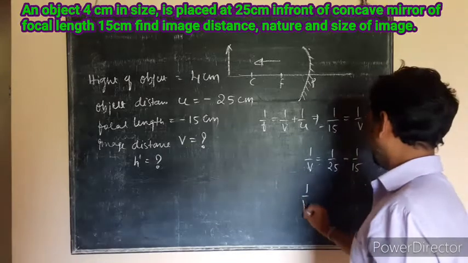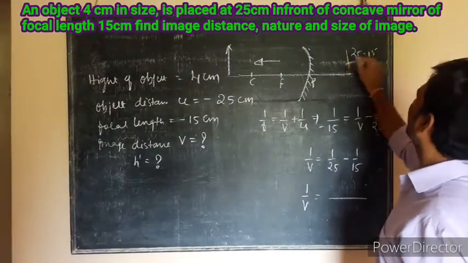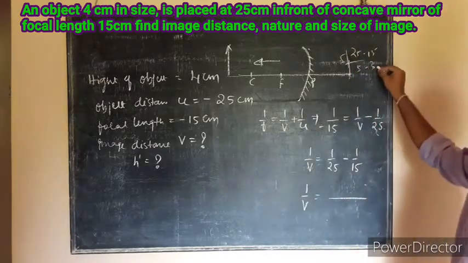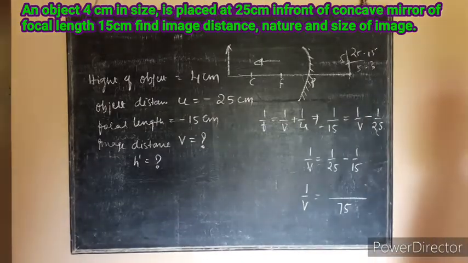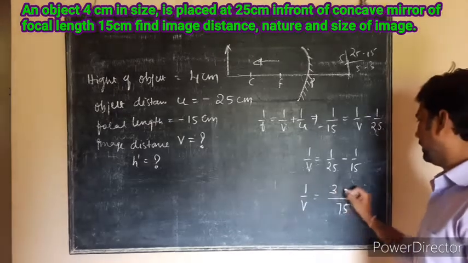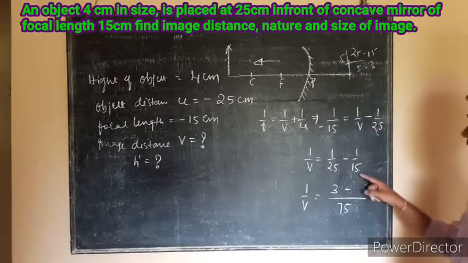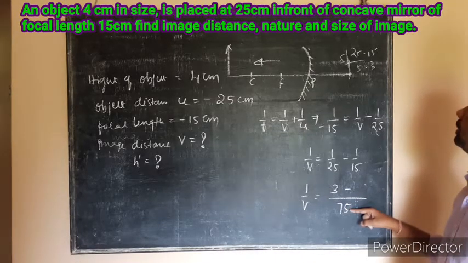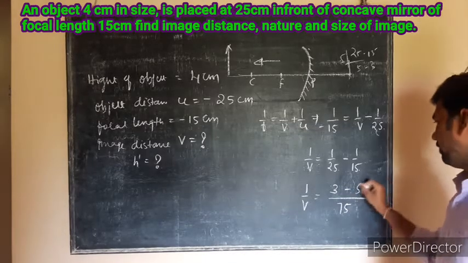So LCM you can take. 25 and 15 LCM is 75. 25 times 3 is 75, so this will be 3. 15 times 5 is 75, so 5.